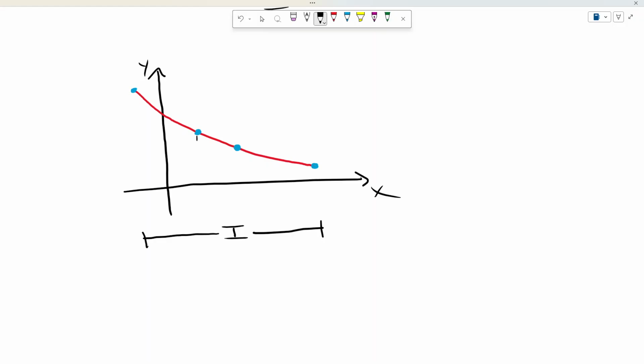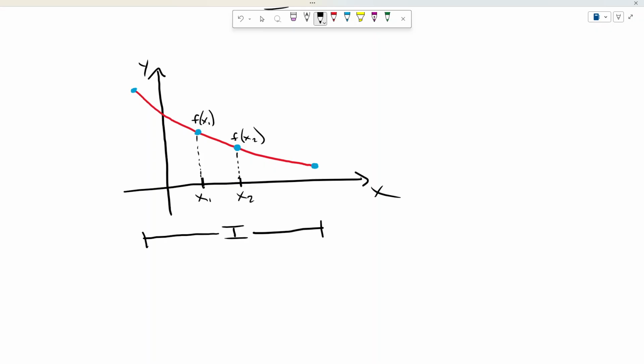So if this is our x1 and this is our x2, then again that would make this f of x1 and this f of x2.